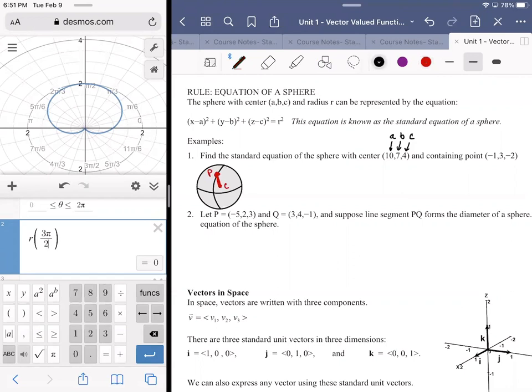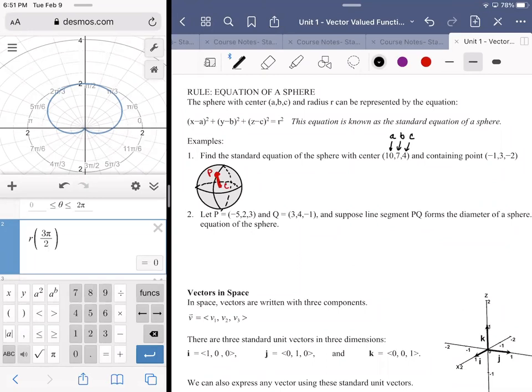The best I could do is maybe throw a couple of dashes on the other end to make it have some depth. All right, so we have to find the length of that segment from the center to point P in space.